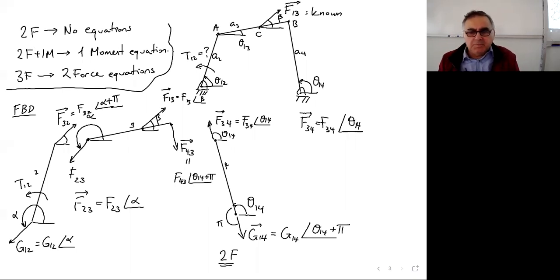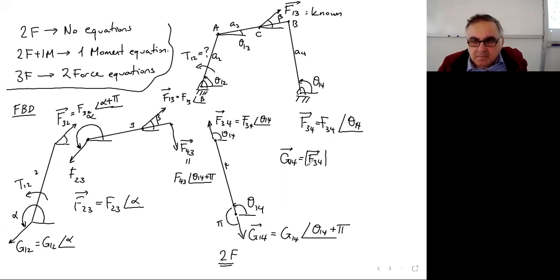Okay. Now when we come to forces, we see the following. Many forces are equal. That is G14 is equal, magnitude wise, to F34. So instead of G14, you can say F34.